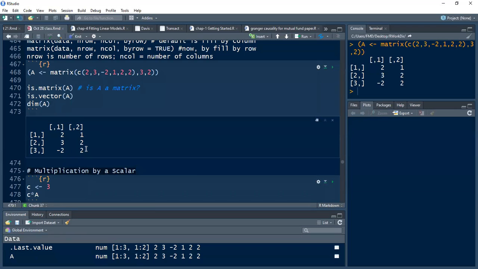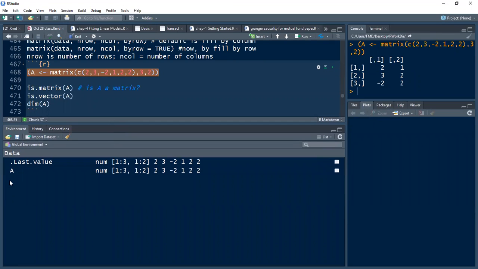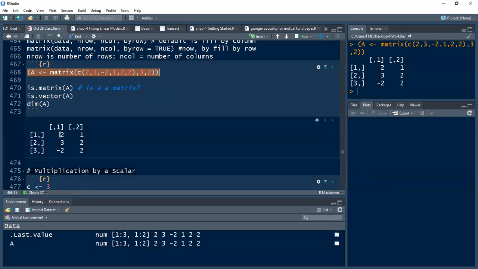So this code, guys, generates a matrix called A, and this is the matrix, by column 2, 3, -2, 1, 2, 2. And notice that in our environment panel, you have now matrix A. So we have created an object called matrix A, and the format of the elements of matrix A is this one.